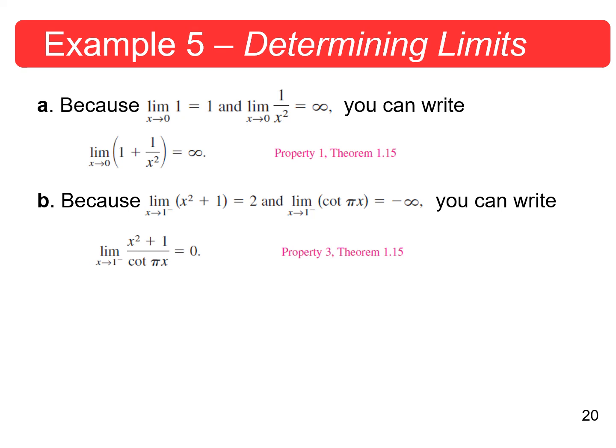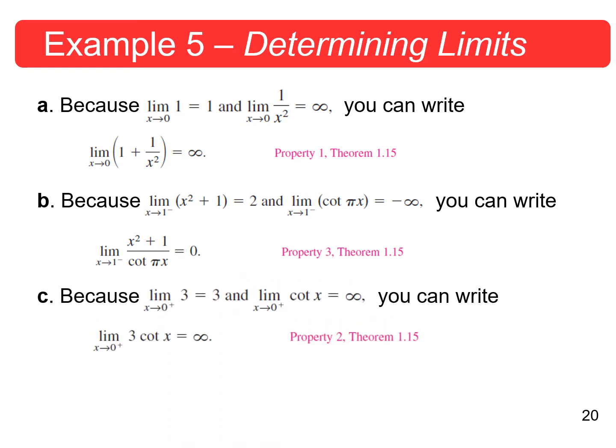So if you are going to evaluate the limit of (x squared plus 1) over cotangent pi x as x approaches 1 from the left, you have 2 in the numerator, while in the denominator you have negative infinity. So if you have a constant over infinity, whether positive or negative infinity, as long as it's infinity, the answer is 0. That is from property 3 of theorem 1.15.